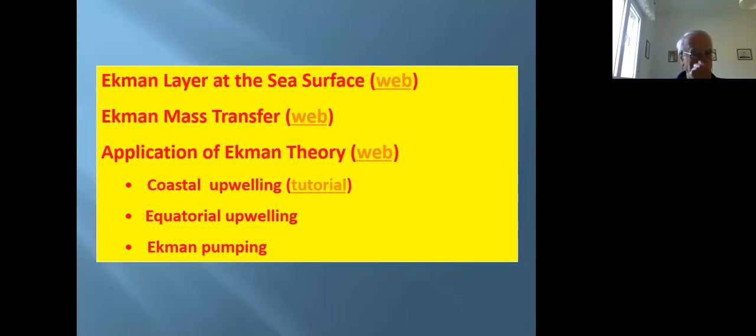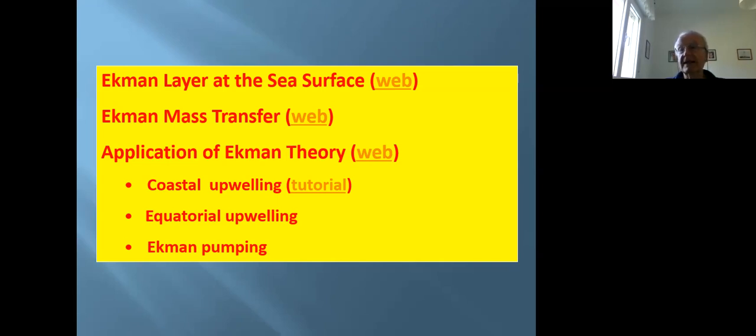These are the points we will be talking about. We have the Ekman layer, the sea surface, which I already mentioned, and this Ekman layer at the sea surface, as we have said in advance, is between 40 and 400 meters, several hundred meters.